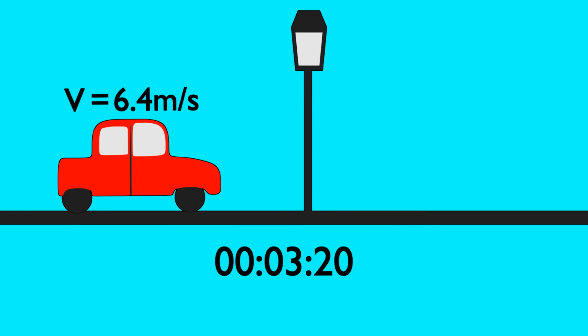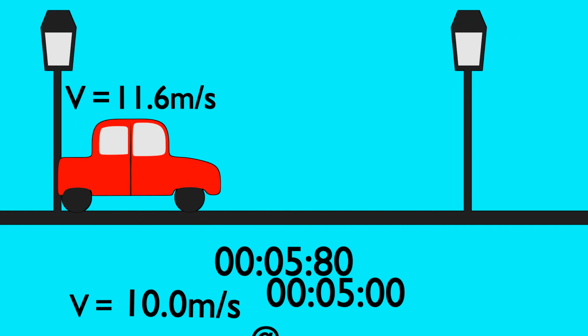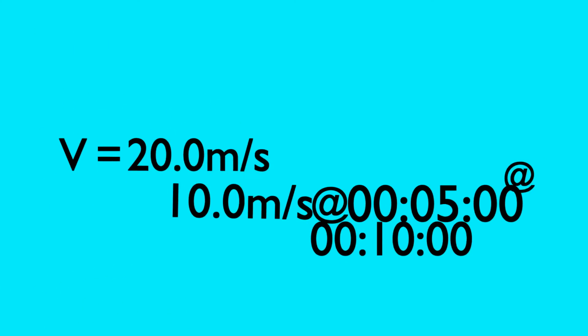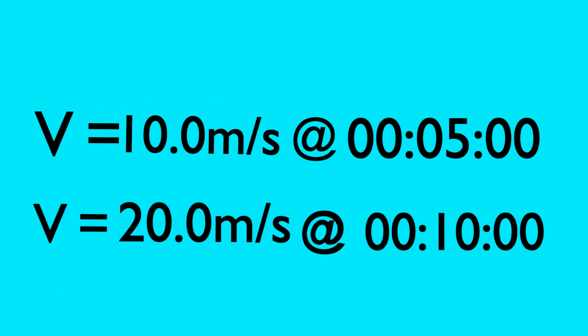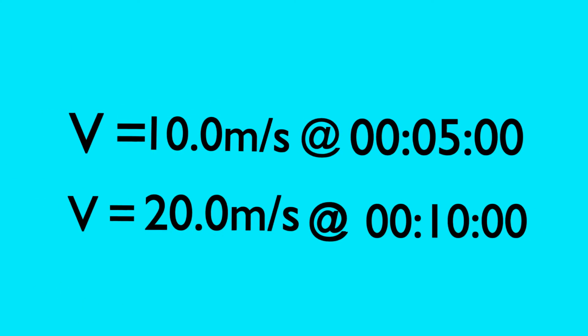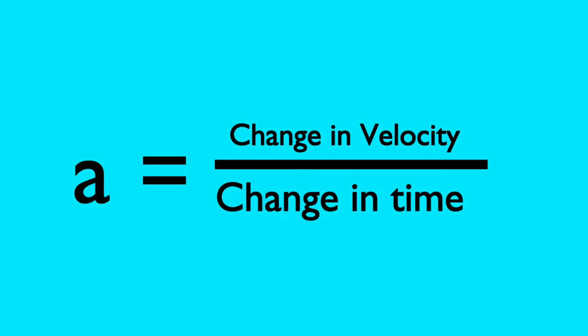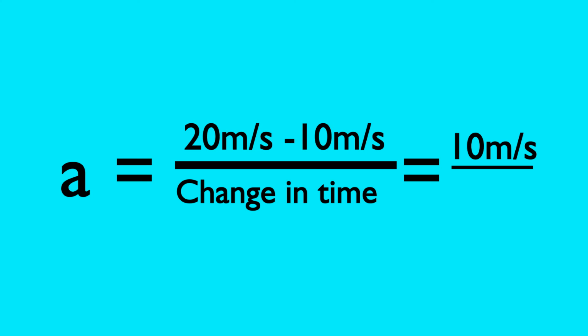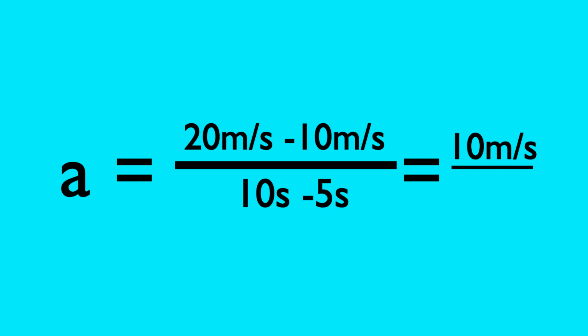So, if you measure different velocities at different times, you can follow the same procedure. If you measure the velocity at 5 seconds to be 10 meters per second, and then 5 seconds later, at 10 seconds, you measure the velocity as 20 meters per second, now we have to take the change in velocity, 20 minus 10 equals 10 meters per second, and divide by the change in time, 10 seconds minus 5 seconds equals 5 seconds.